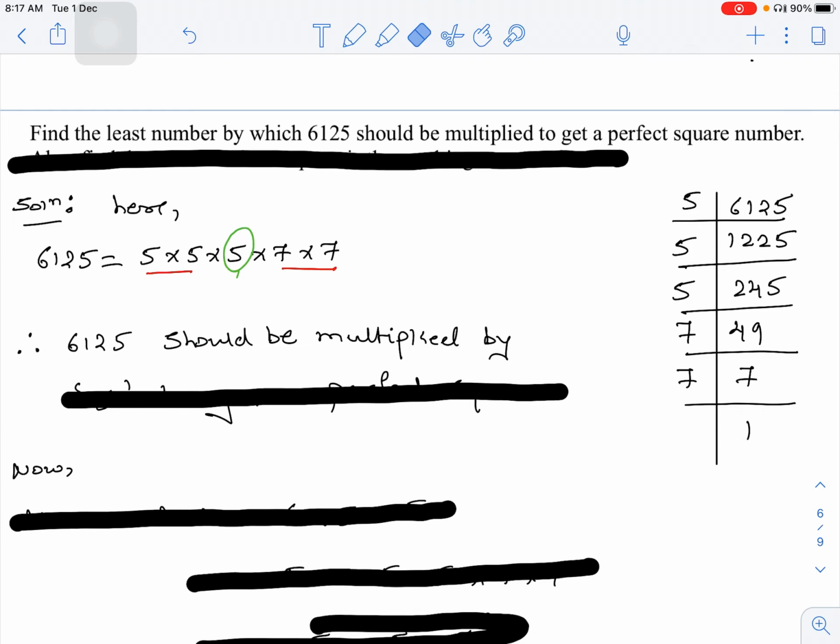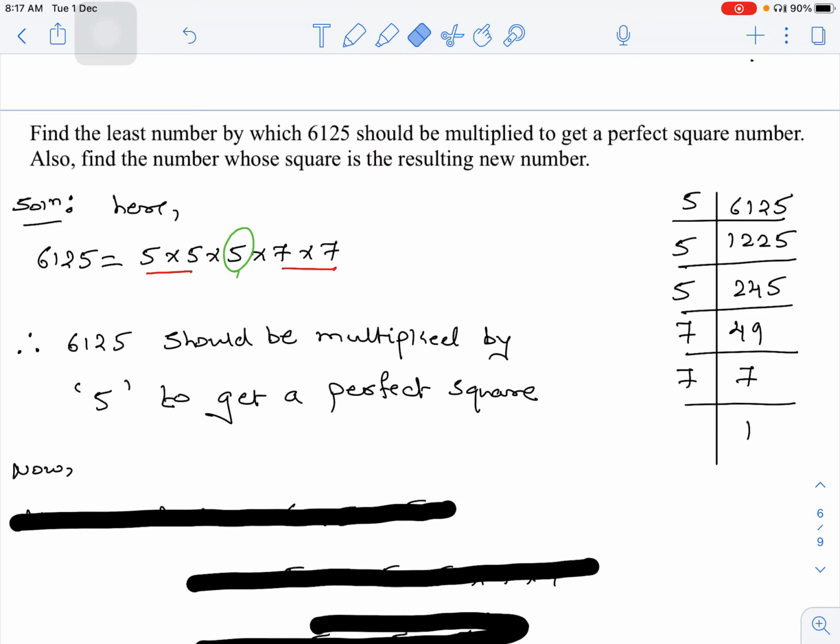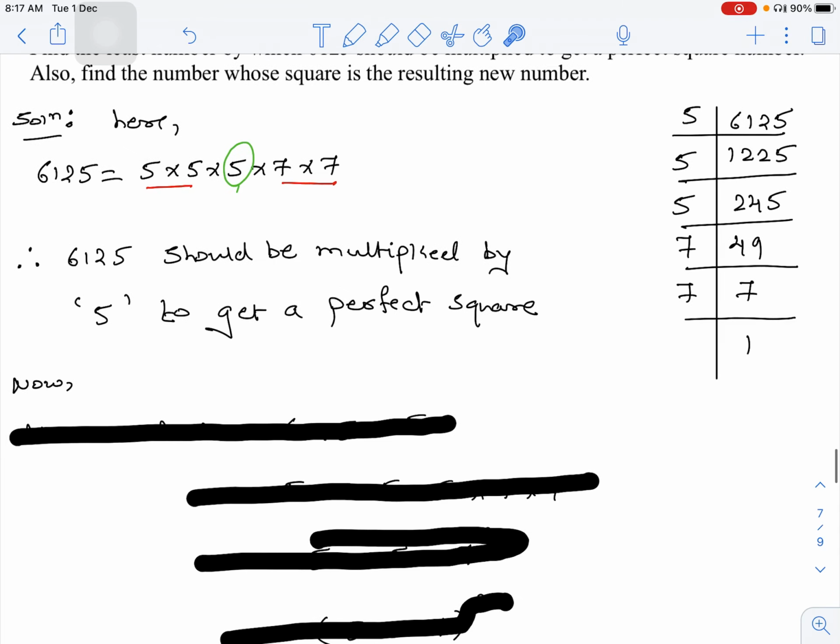Okay, so what do we get in the next step? It can be written as 6125 into 5.